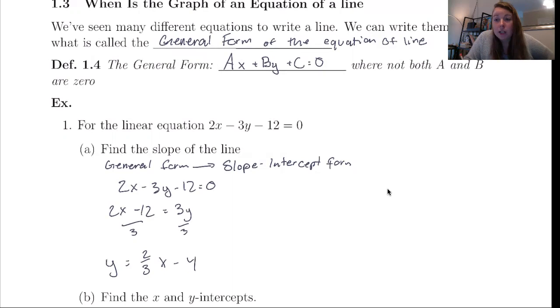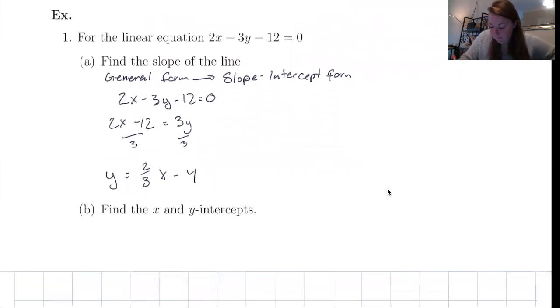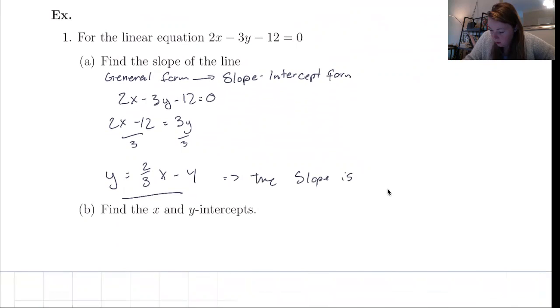Remember, this is why I told you that it wasn't the appropriate form when it was something times x minus something over something else, because it doesn't explicitly tell you what the slope is. So instead of writing y equals 2x minus 12 over 3, we write it like this, because it tells me that my slope is 2 over 3, just like that.